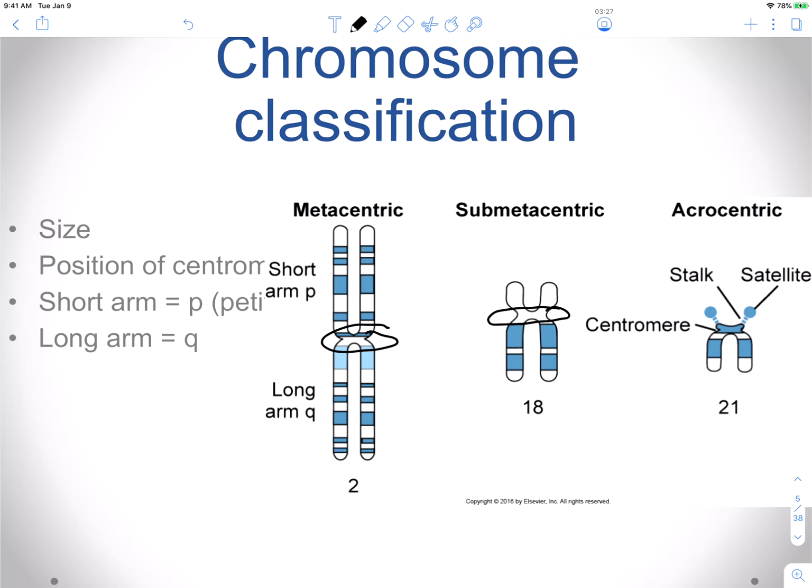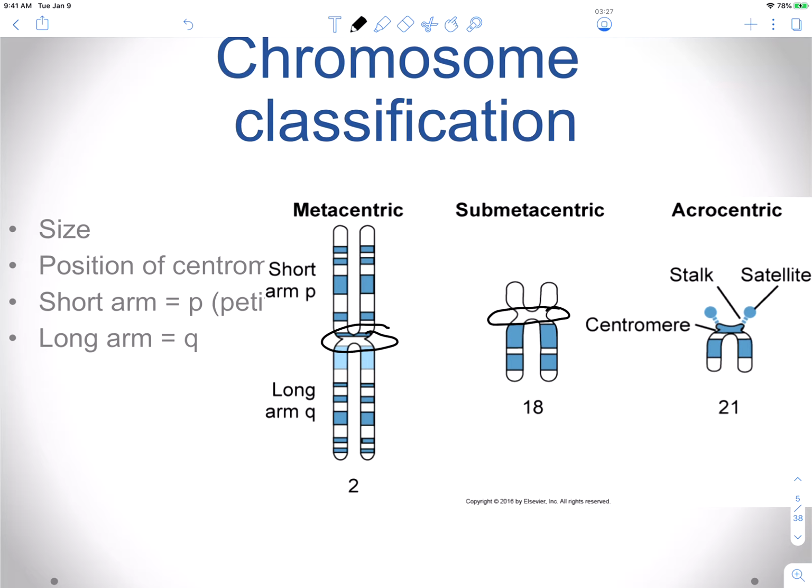You're going to have bright bands and dimmer bands. The bright bands tend to be AT rich and the dimmer bands tend to be GC rich. This is just one mechanism that was used to identify the different chromosomes.